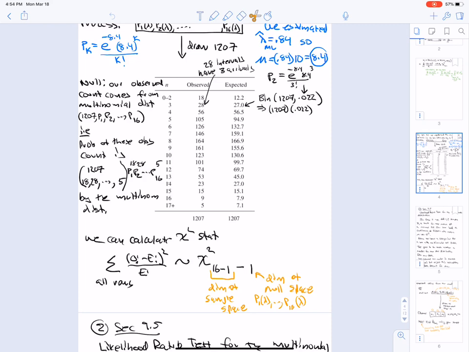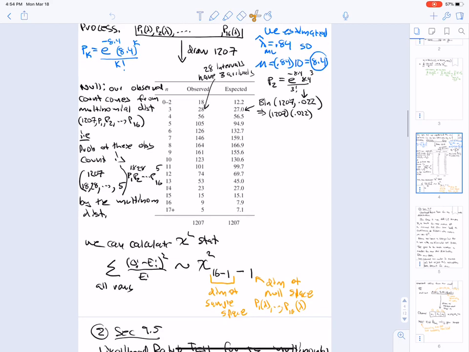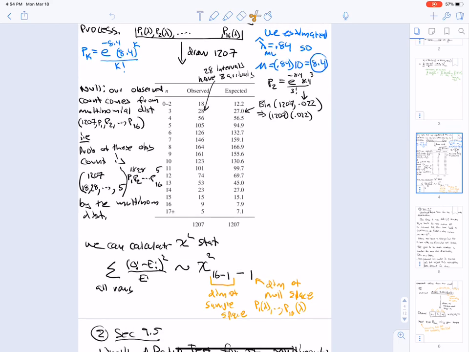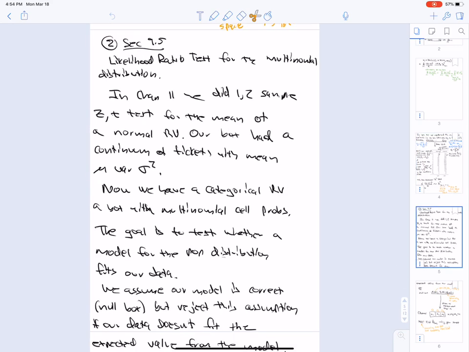The 16 minus 1 is the dimension of the sample space. The extra minus 1 is because our probabilities aren't completely specified. There's a parameter lambda that needs to be estimated here. So you always subtract the dimension of the null space. This was a theorem in section 9.5 that we saw last time, but we'll talk more about that in the next class. So let's jump into 9.5 now.